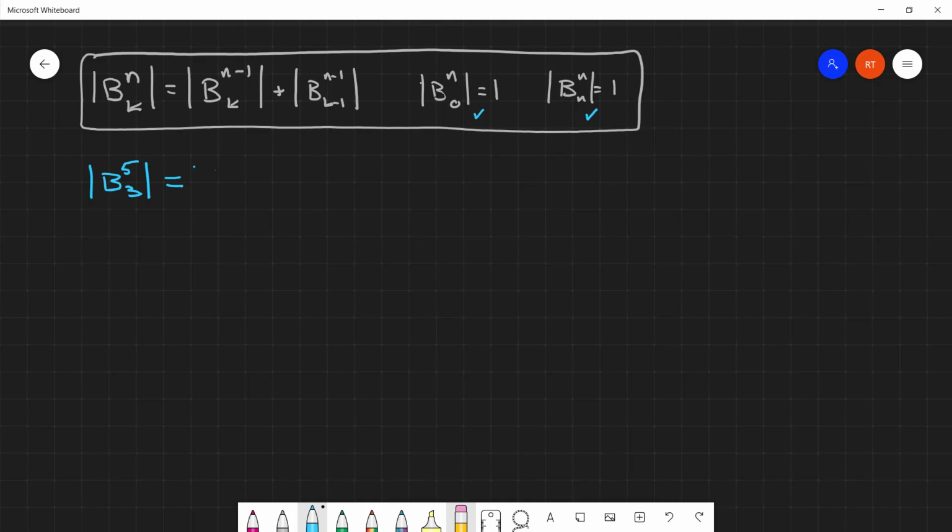So starting with B53, we can use the recurrence relation to reduce this to B43 plus B42. Again, we don't know what those two numbers equal, but we can use the recurrence relation again on each of them to reduce some more. B43 becomes B33 plus B32, and B42 becomes B32 plus B31.